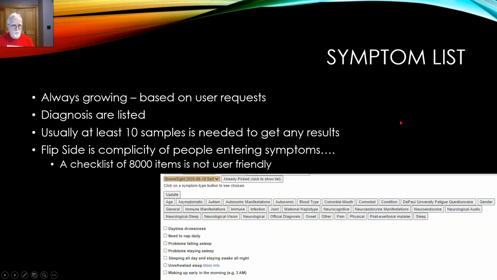Now, the symptom list keeps growing. I think I have something like 450 different symptoms now. And including the symptoms, we do include some diagnoses. In fact, I need to revise to make sure I've caught up, so that everything we have PubMed studies on, we also have the same diagnosis listed as a symptom.